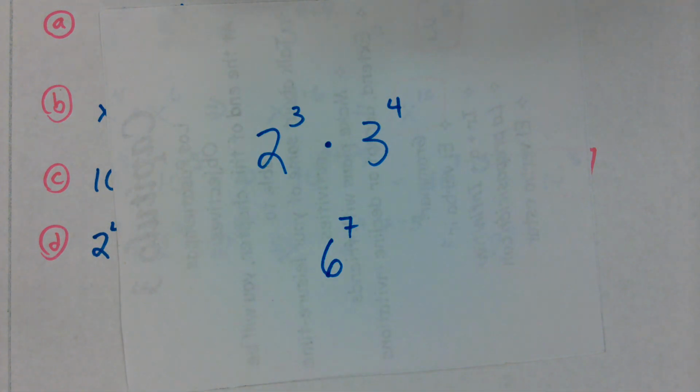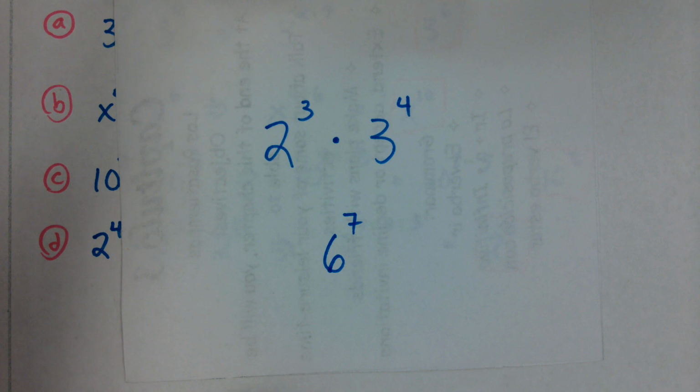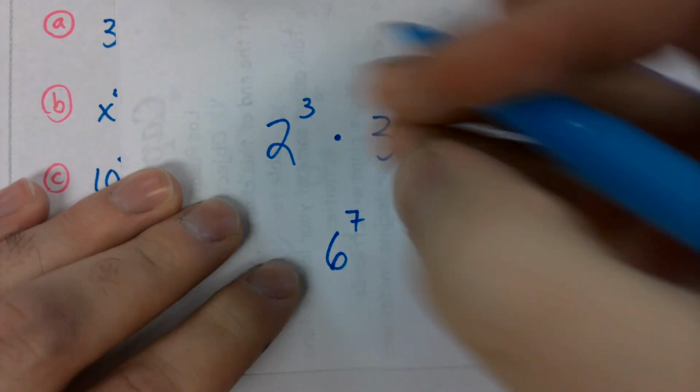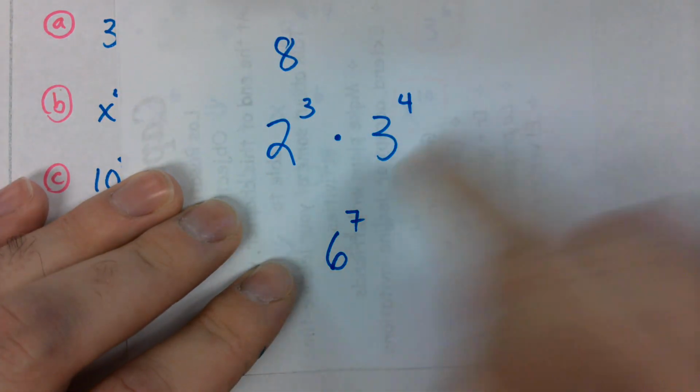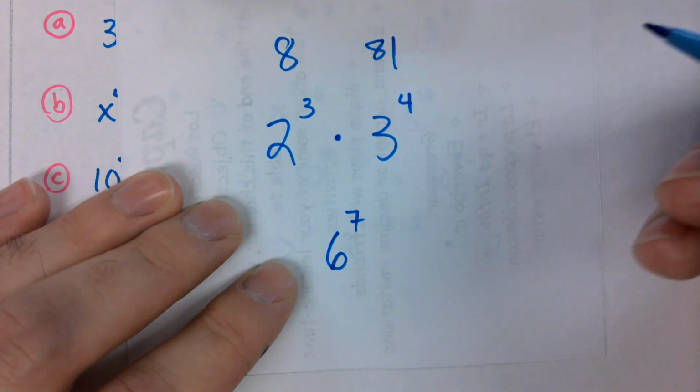Boom. Can't do that. If we don't have like bases, there's nothing we can do at all, except expand this out to 8 and this out to 81.